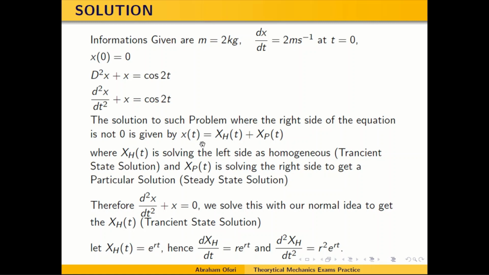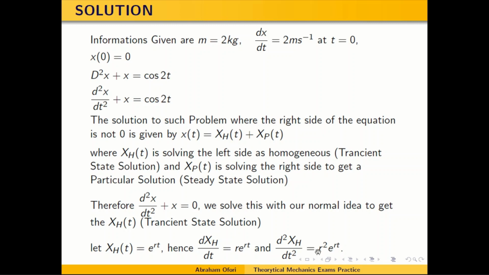The reason we are not saying x of t is equal to this is because this solution is actually for this part alone. So you just name it xh of t, equal to e to the power rt, and hence you have to differentiate this. dxh/dt is equal to r e to the power rt, and d squared xh/dt squared is equal to r squared e to the power rt.